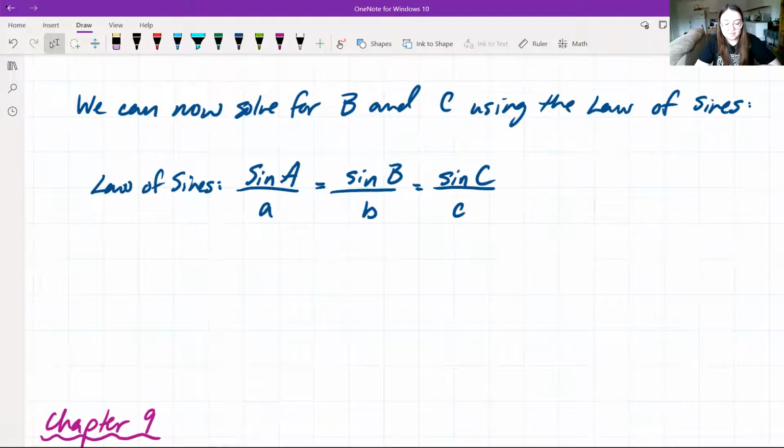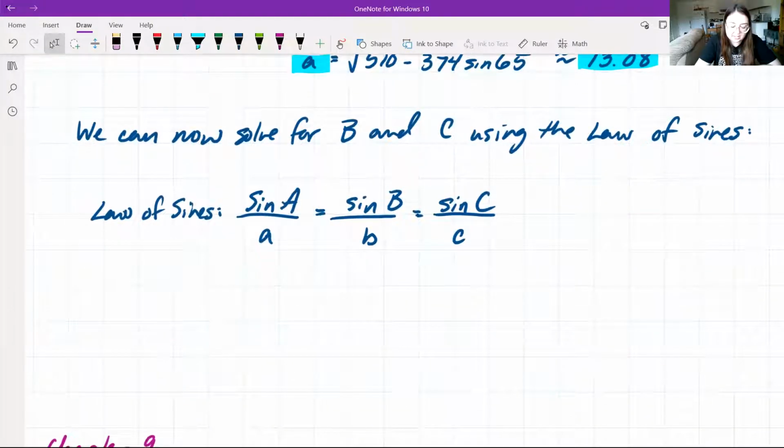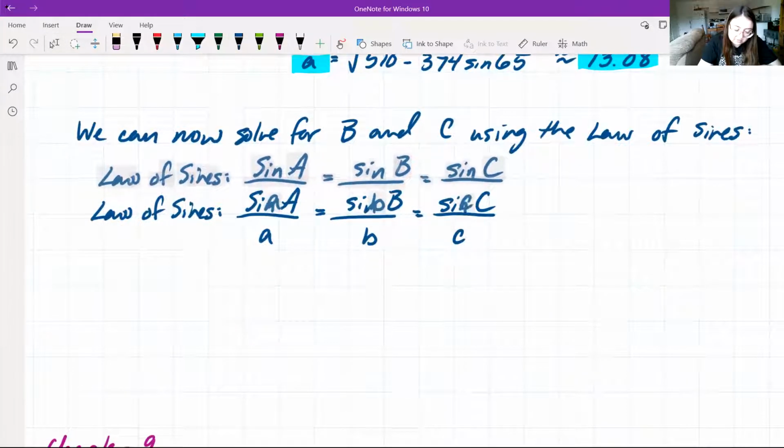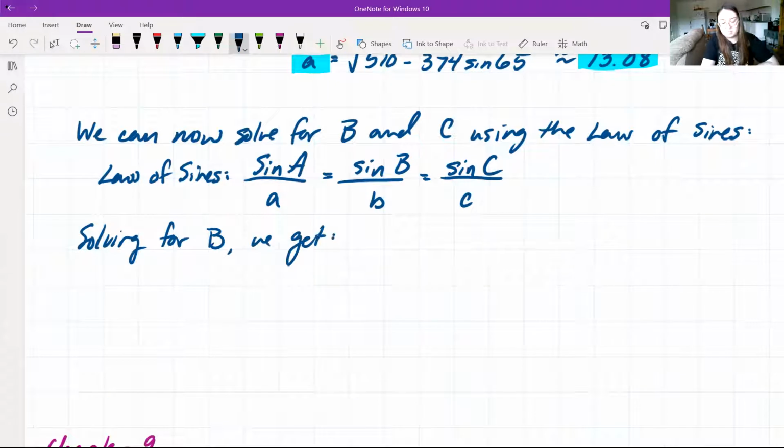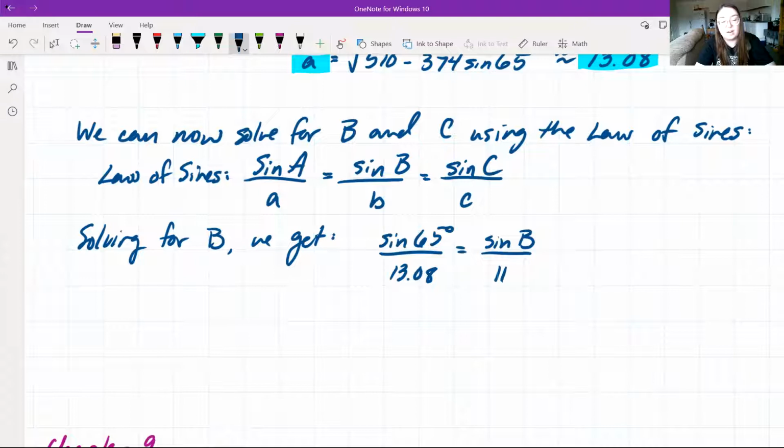So let's go ahead and solve for angle B first. If we solve for angle B first, this means that we're going to get sine of 65 degrees divided by 13.08 is equal to sine of B divided by 11.